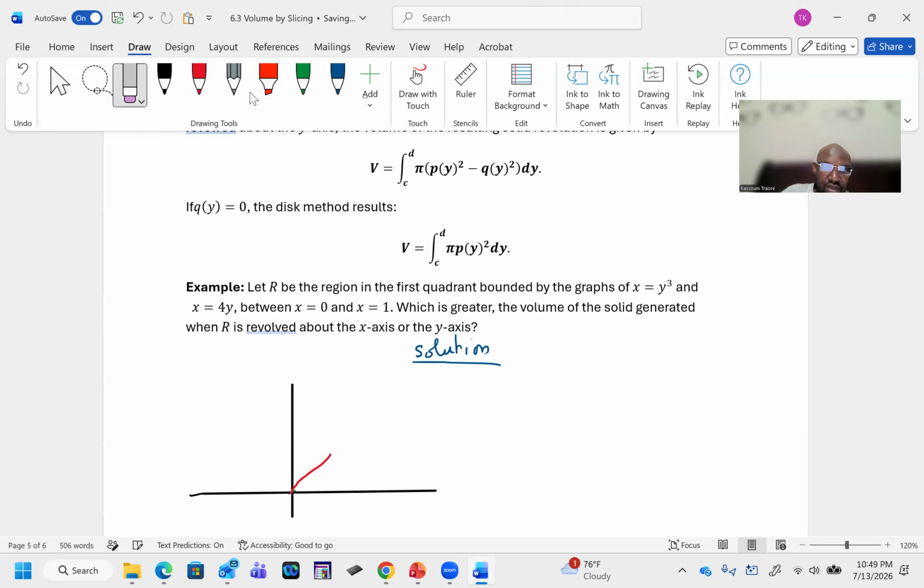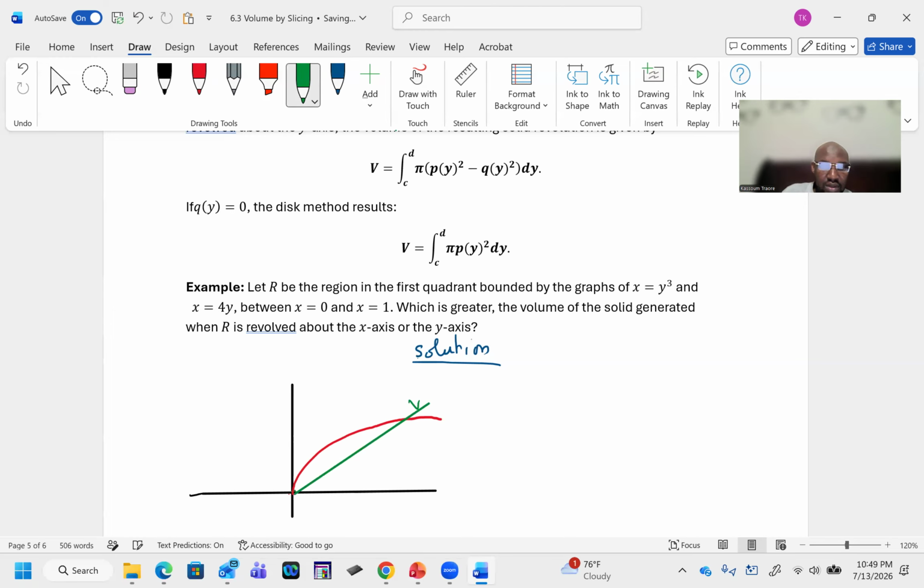The problem is graphing is kind of complicated for me. So this is a line. The line will be like this. Don't mind my graph.